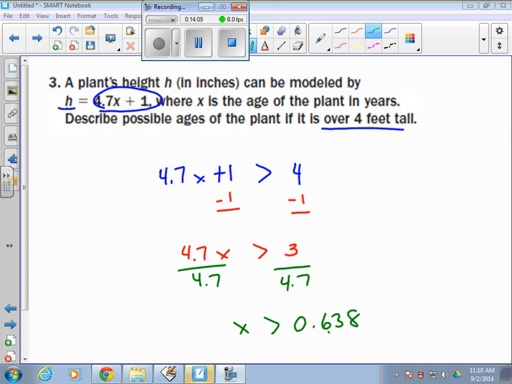So that's the ages of the plant. It has to be greater than 0.638. That doesn't sound right. So that's saying the age of the plant has to be greater than 0.638, so it's less than 1. It's a little bit better than half a year old. It has to be greater than half a year old.